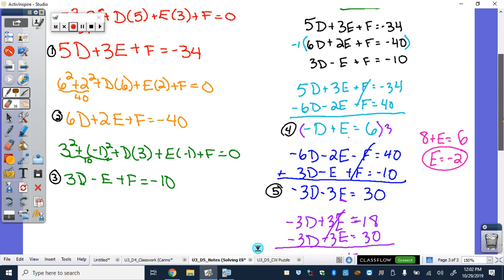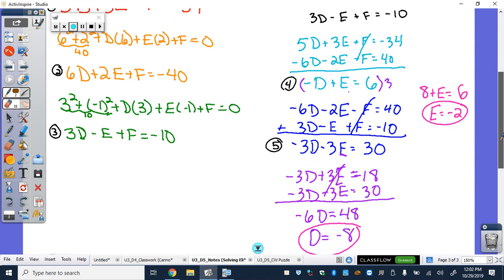Probably the third one, the 3d minus e plus f equals negative 10. So 3 times d is negative 24 plus 2 because it's minus e, so minus negative 2, plus f is equal to negative 10. So negative 24 plus 2 gives me negative 22. Add that 22 over, and what does f equal? 12.